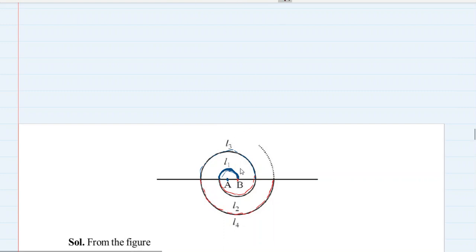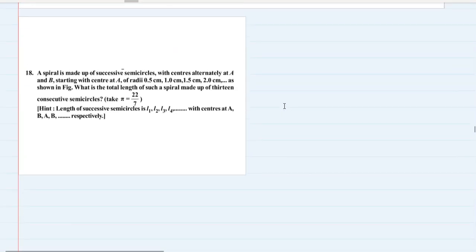Then the radius of this red circle is double that, that is 1. Then the radius of the next circle, that is this one, is 1.5. Then the radius of the next circle is 2, and so on. So the radius keeps on increasing. What is the total length of such a spiral made up of 13 consecutive semicircles?